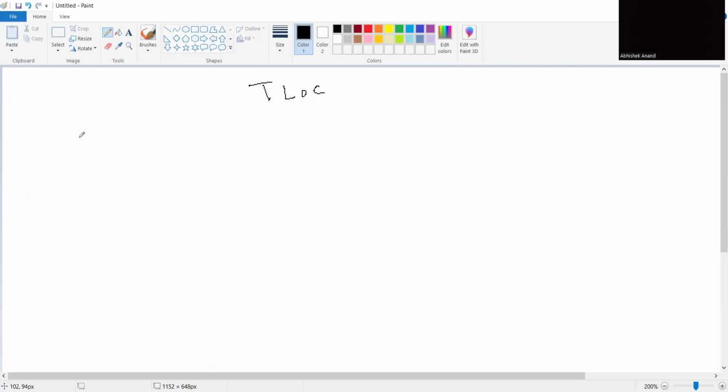Okay. So first, the system IP was 1.1.1.1. The subnet was 10.10.10.0/24. This is your system IP.